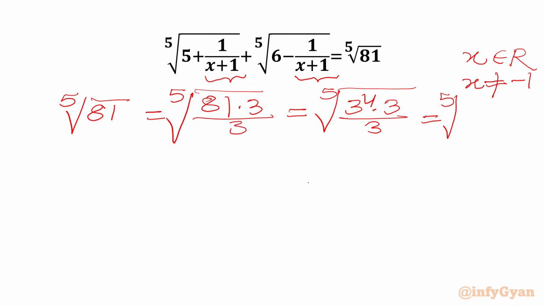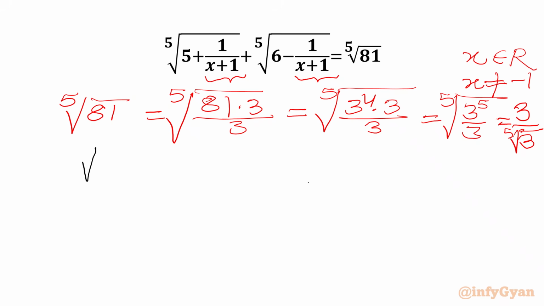So we'll write fifth root of 3 power 5 over 3. Now fifth root and power 5 from the numerator will get over. We will write 3 over fifth root of 3. So in place of fifth root of 81, we can write 3 over fifth root of 3.